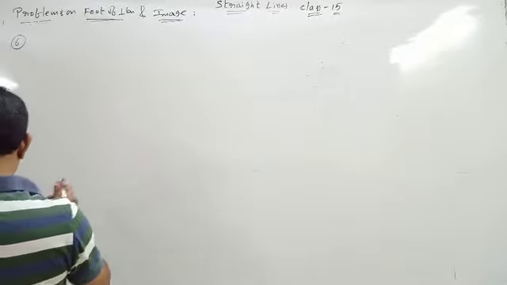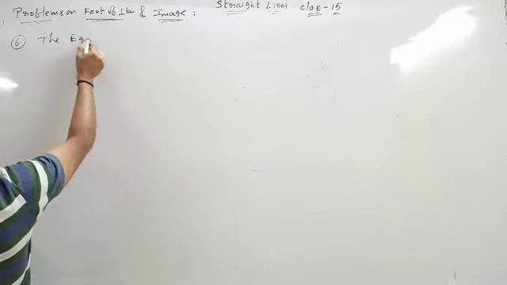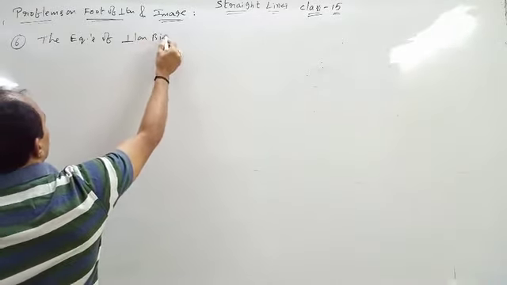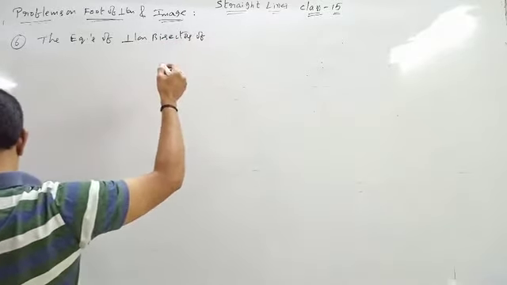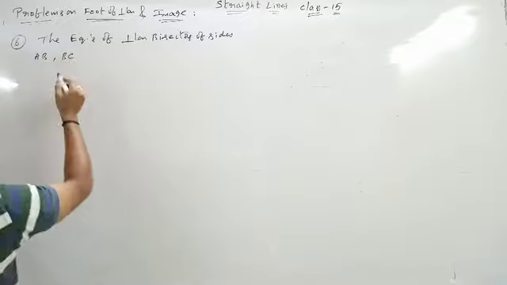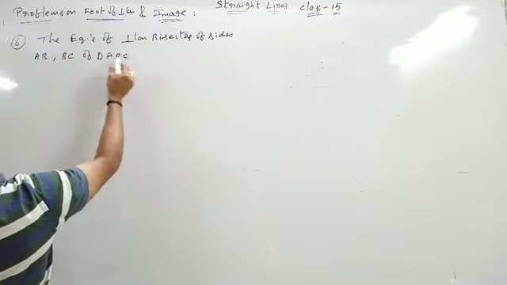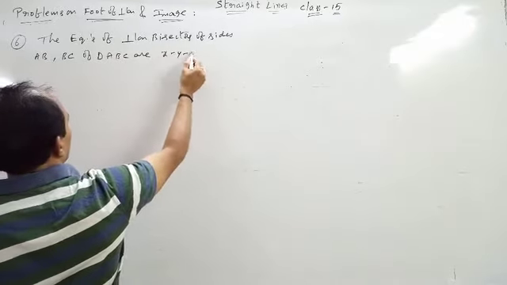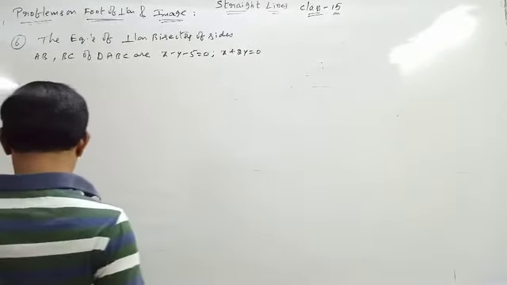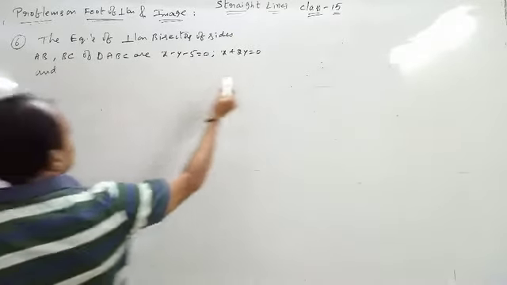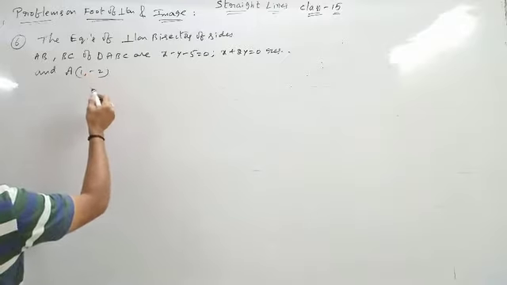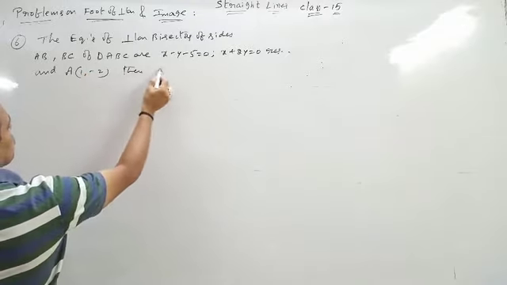The equations of perpendicular bisectors of sides AB, BC of triangle ABC are x minus y minus 5 is equal to 0, x plus 2y is equal to 0 respectively, and A is 1 comma minus 2, then C is equal to what?